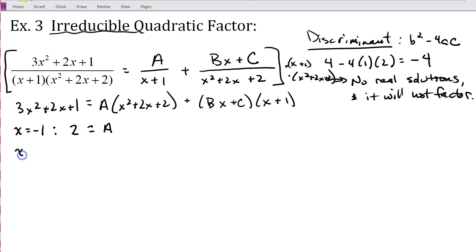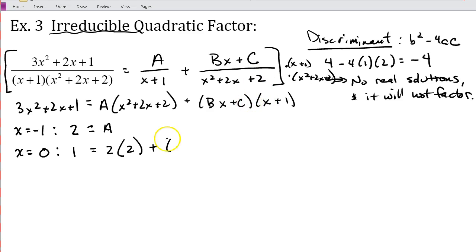And then I'll plug in x is equal to 0. When I plug in 0 on the left, I get 1. And then this is going to be 2 for A, plus, when I plug 0 in for x over here, this term is all going to go away.